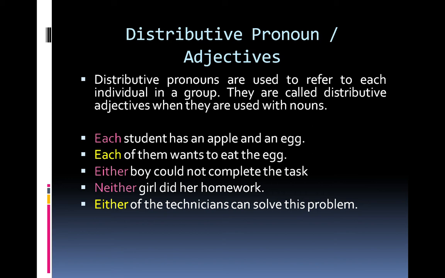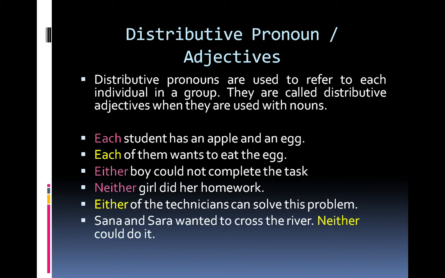It's the object of preposition of. It can't be the subject of the sentence. The subject is either: either can solve. So either is the subject, can is the helping verb, solve is the main verb. So functioning as the subject makes it a pronoun. And we've already said that whenever these words will be followed by prepositional phrases, whenever there is no noun directly after them, they are pronouns.